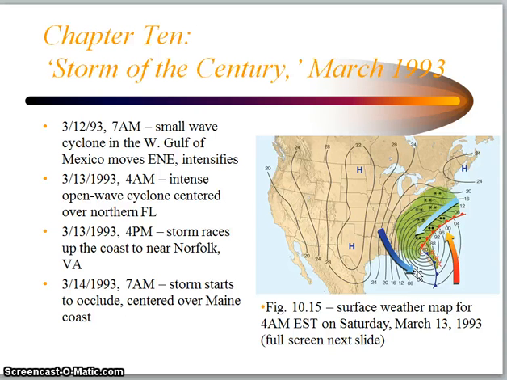Yeah, they get thunderstorms in Florida all the time, but usually they're not severe. In just 12 hours' time, the storm was then centered over Norfolk, Virginia, if you can believe that. And then about 15 hours later, it was all the way over northern Maine.